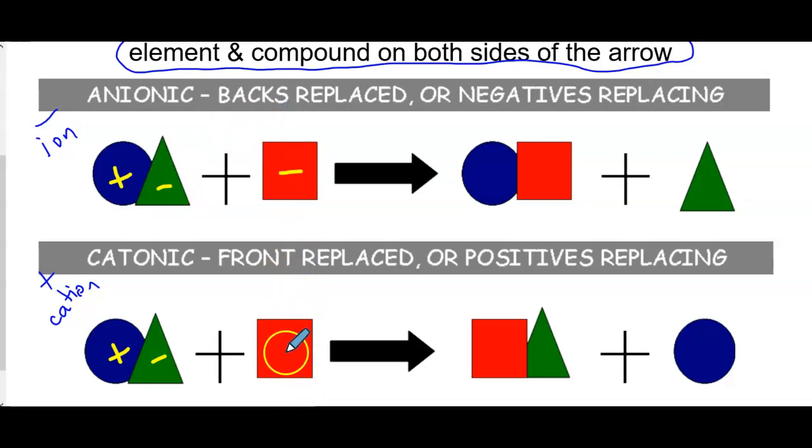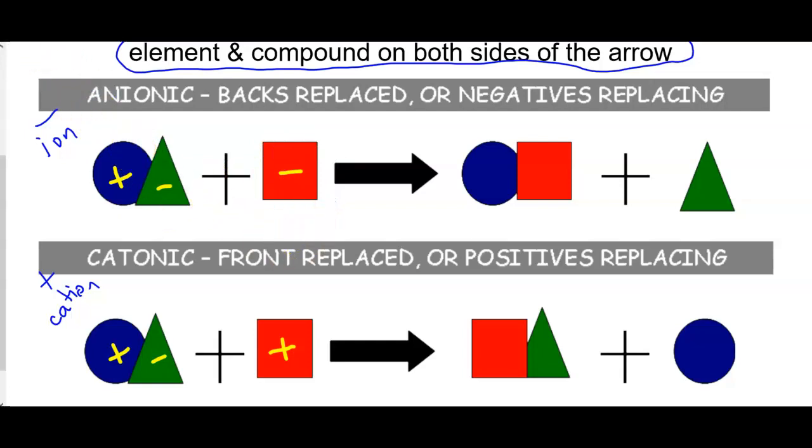If you notice here, this trades places with the circle. So they both would have to be positives, because positives can only kick out positives, negatives can only replace or kick out negatives. So I look at the thing that's by itself, notice no partner. In an element form or in a formula form, you just see a single capital letter, a single atom. So the positive kicks out positives, therefore, because the positives are trading, it's cationic. If the negatives are trading, it's anionic.